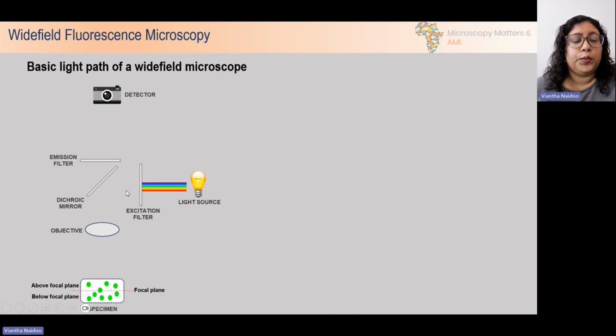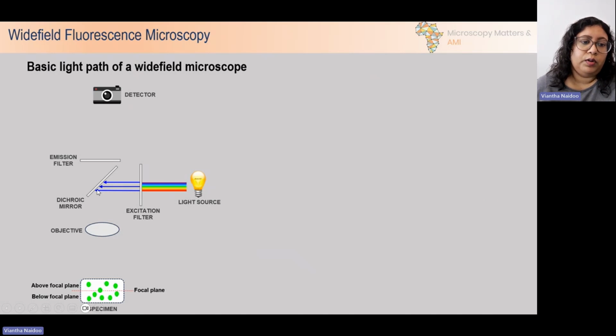For example, if we were only interested in blue light, as is shown here, all the other wavelengths of light will be eliminated. So the blue light goes to a special type of mirror called a dichroic mirror, which reflects light of certain wavelengths and transmits light of other wavelengths.